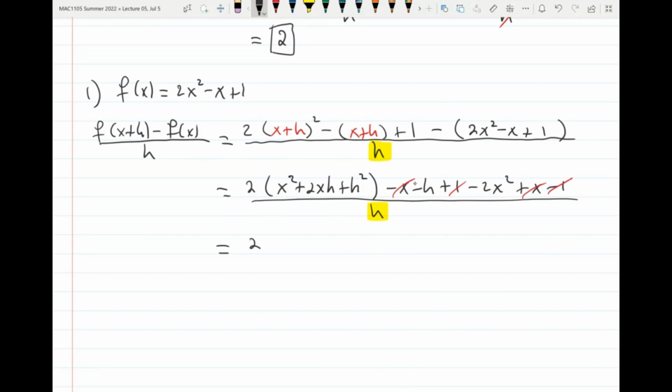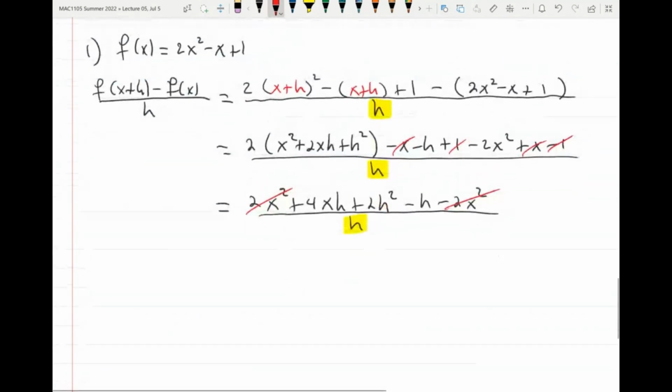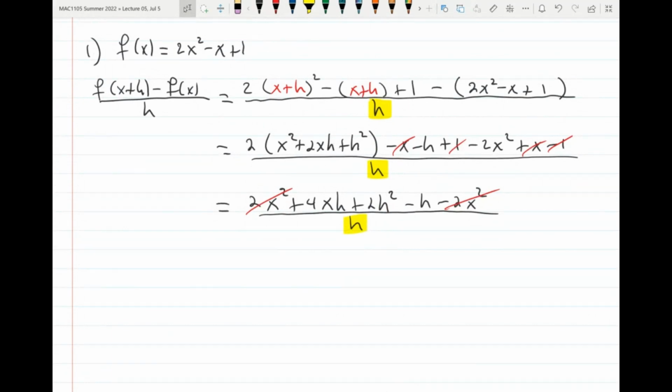Let's keep going. So distribute the 2, it's 2x squared plus 4xh plus 2h squared. Then we have minus h minus 2x squared all over h. This is our target down here, so we're not done. The 2x squared terms cancel each other, and that's it. We don't have anything else that cancels. But luckily, whatever remains at the top, everything has an h.